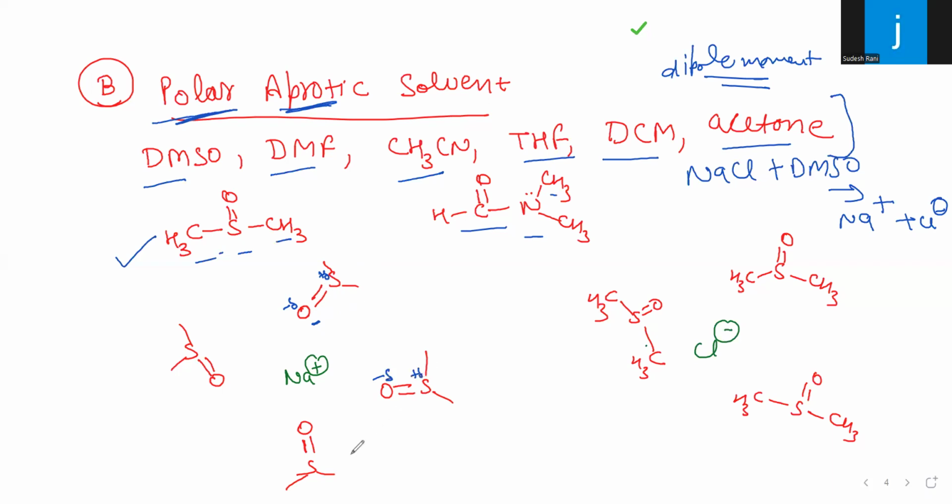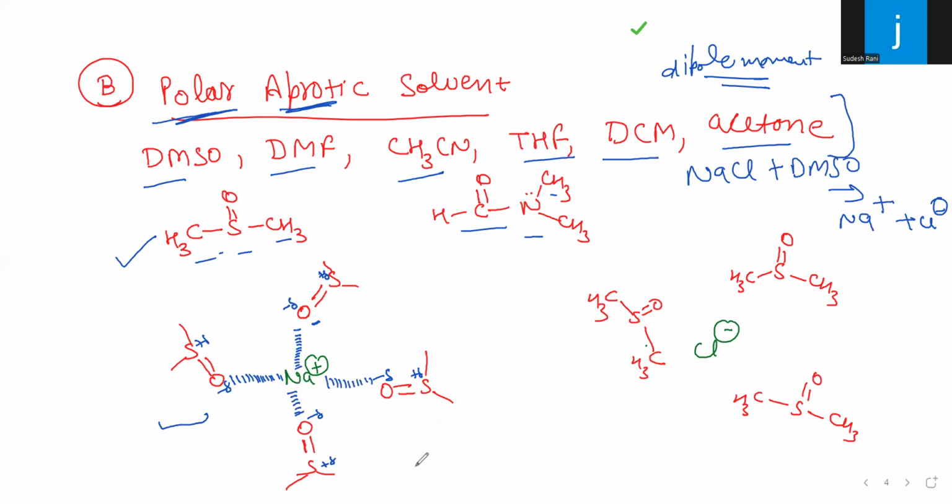Partial negative, partial positive. So then the oxygen atom of DMSO will interact with the sodium ion. Here also, the oxygen atom is interacting with sodium positive.